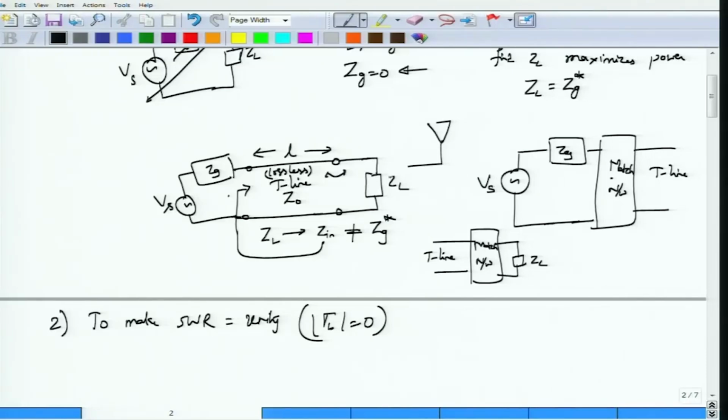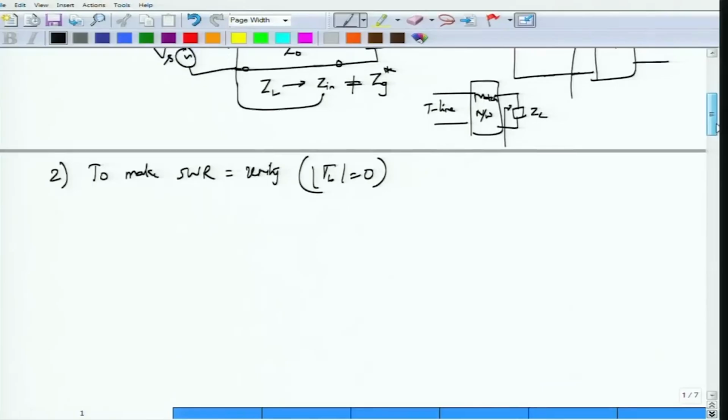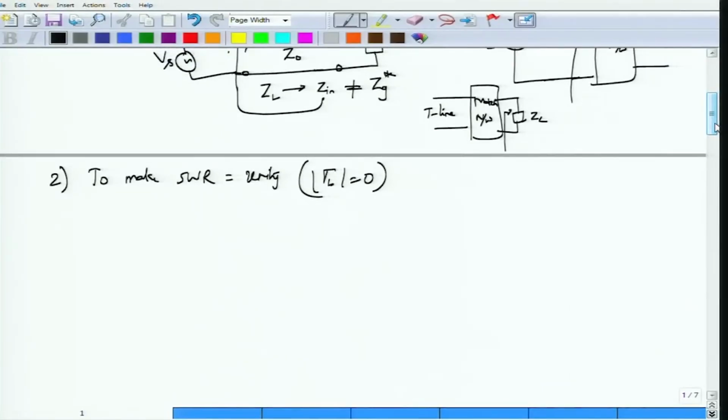Just because you change an antenna, you don't want to recalculate everything, or you don't want the efficiency to suffer, and if you want to avoid that, you better put a matching network such that there is no reflection at the source side and no reflection at the load side. So to avoid these reflections, or to make gamma L equal to 0 or SWR equal to unity, is another reason why we impedance match.